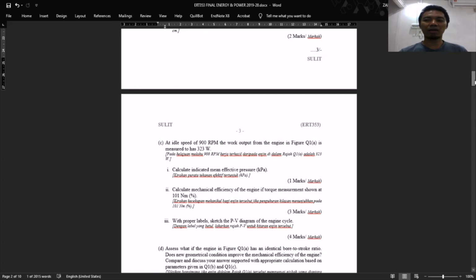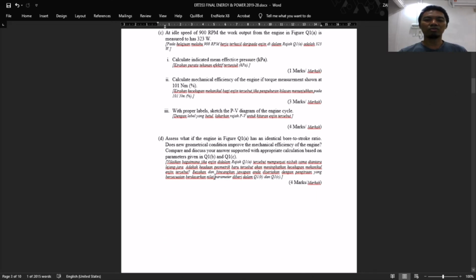Compare the mechanical efficiency and try to discuss it based on the calculation. If it is high, why is it high? What happened? Okay, if it is low, why is it low? Where is the major contribution to that low mechanical efficiency? You can discuss everything. From there you can have 4 marks.